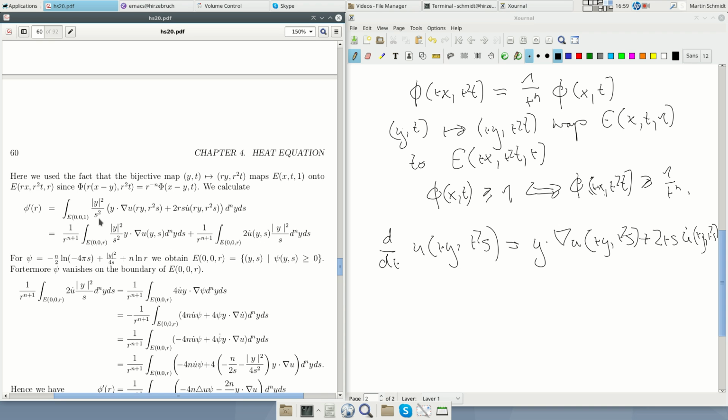So we get one power more due to this y, because we have an extra power of R in this y. So we get this, and on this side we have this s, which cancels with the s squared, so we only get this term, but s has two powers of R. Here's one power of R, so again one power cancels.